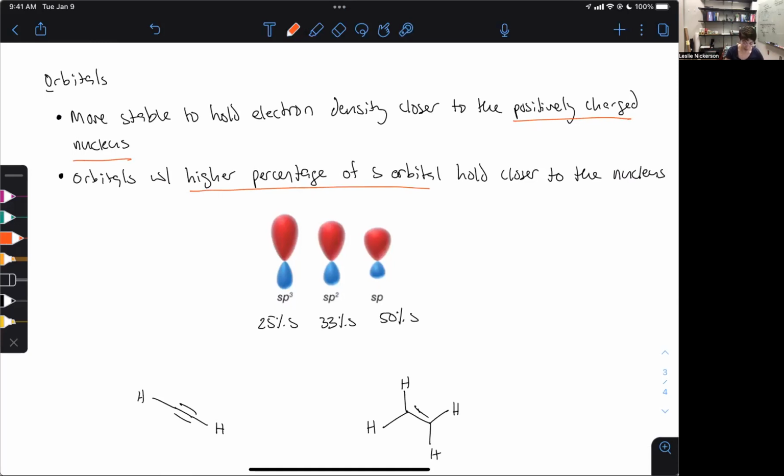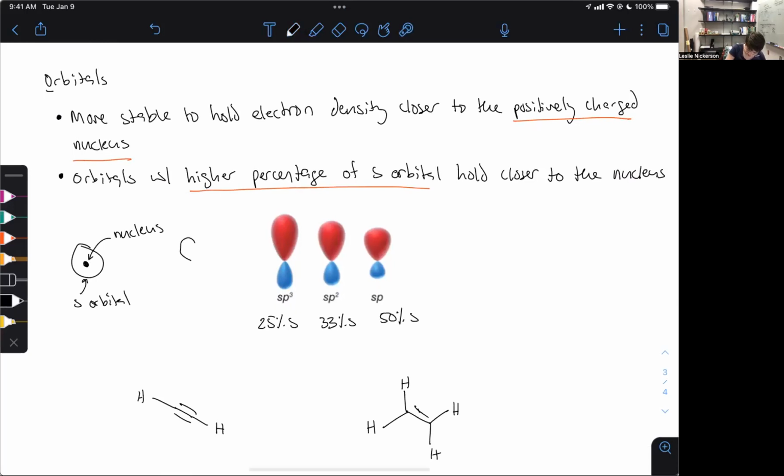Remember, if we have a nucleus, the s orbital is just a circle right around it. So the s orbital has the electron density right around the nucleus. That's about as close as you can be to a nucleus.